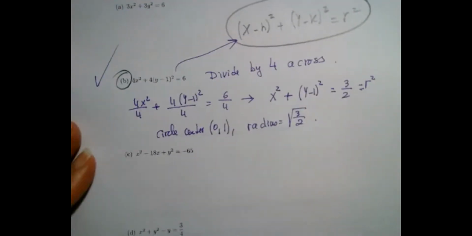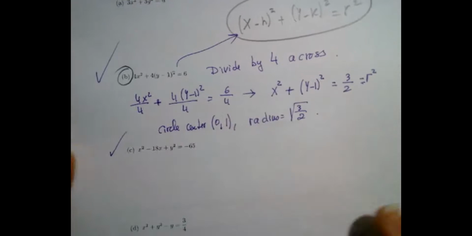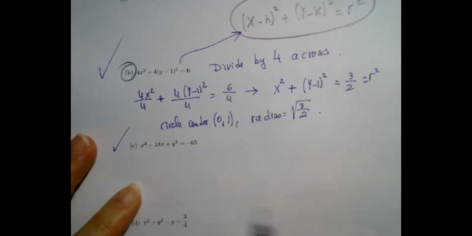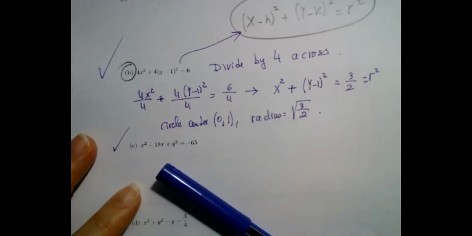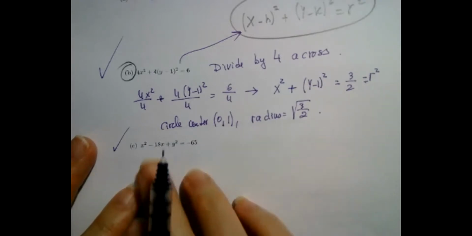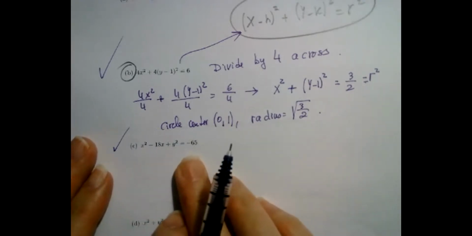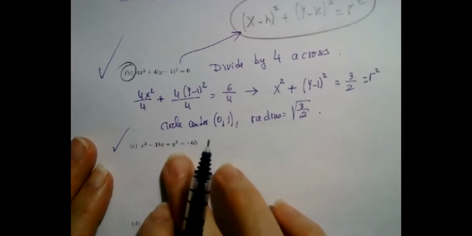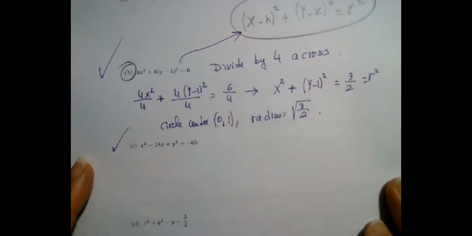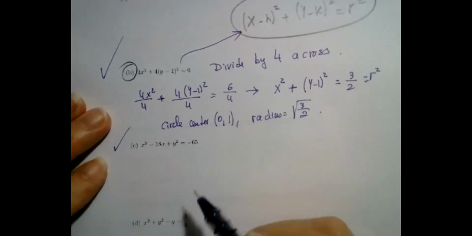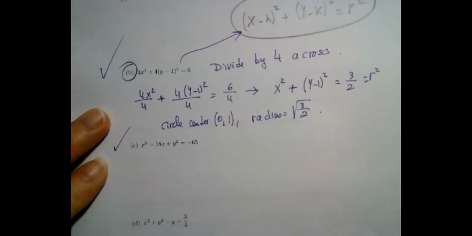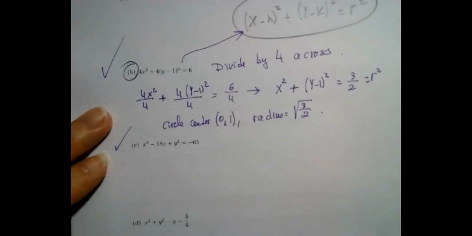Okay. Now number C. The idea here is I need to find the standard form of the circle. It's the same type of question. And this looks like anything but a circle. So how did we do this problem last time? Any ideas? We did something. What did we call it?